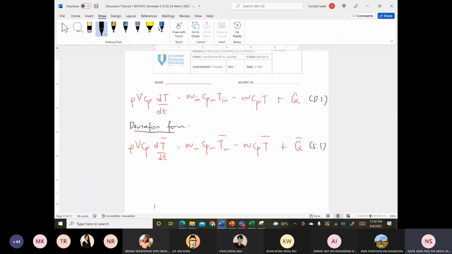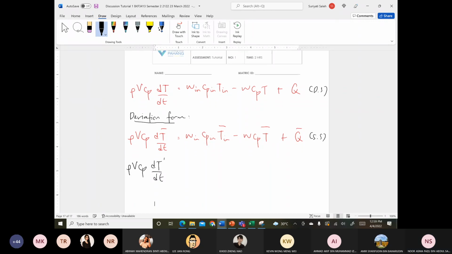So in the end, when we develop the deviation form, it becomes rho V Cp dT prime over dt equal to W in Cp in T in prime minus W Cp T prime plus Q prime.